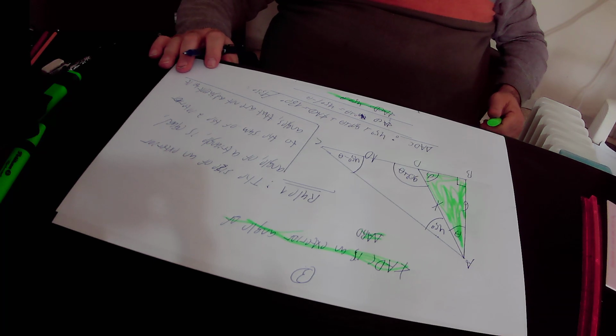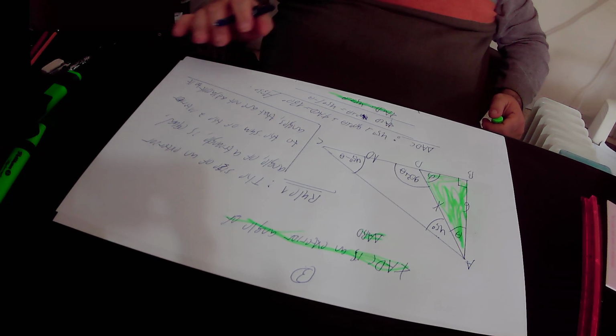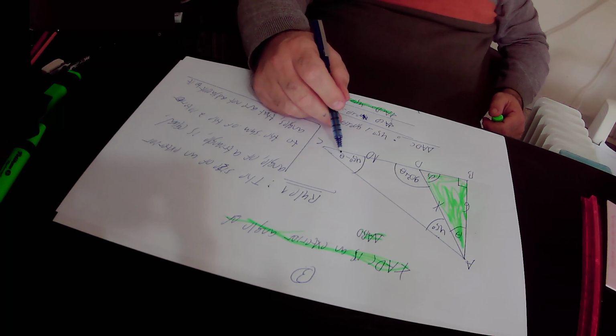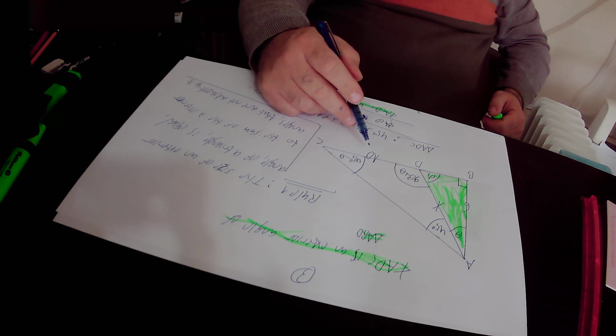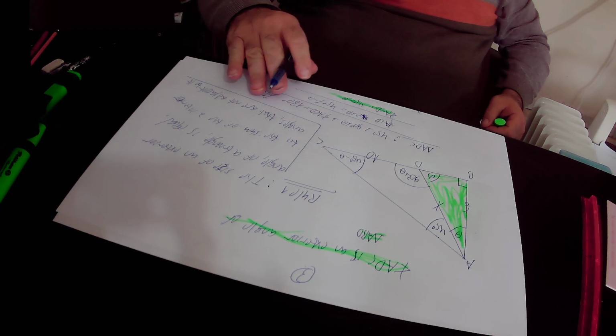And from the drawing, it is very easy to see that this angle that is equal to 45 degrees minus theta is the smallest angle in triangle ADC. So I write it down.